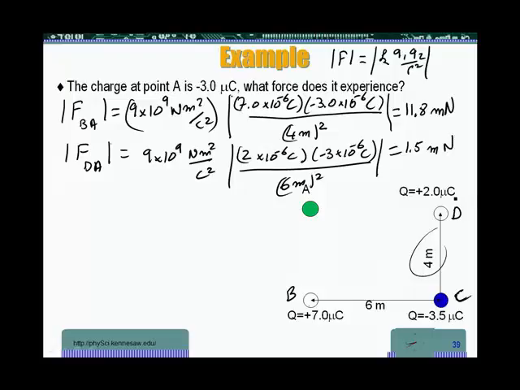It's a much smaller force because we have a smaller charge and a larger distance.